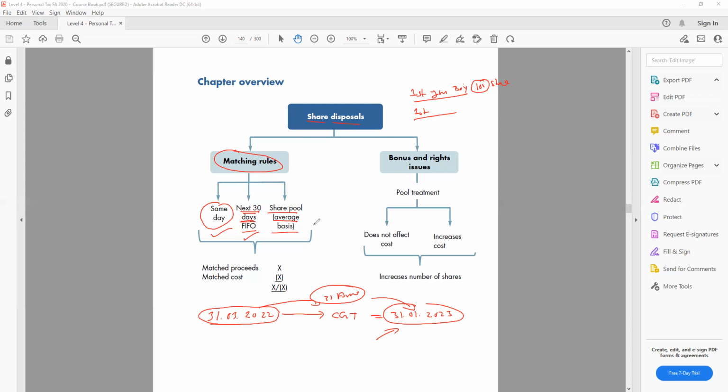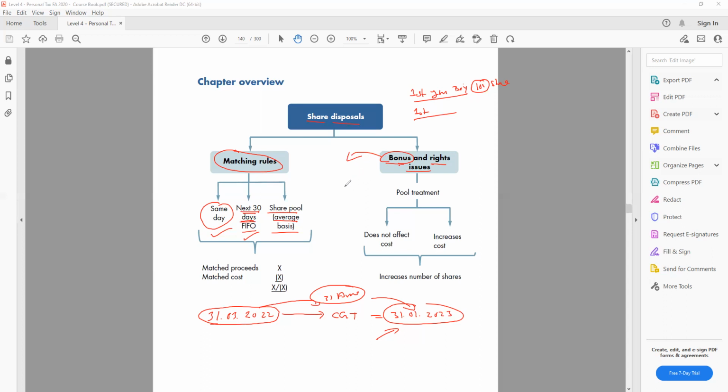Then the next one we have here is bonus and rights issue. Bonus and rights issue is about when we receive shares from the company, because I'm an existing shareholder. If I get a bonus issue, remember that because of the bonus issue, whether we provide a bonus issue as a company or receive one, there is no actual cost to raise.